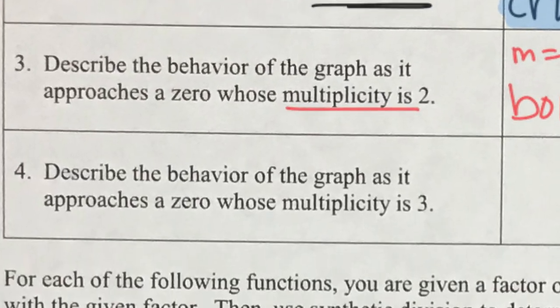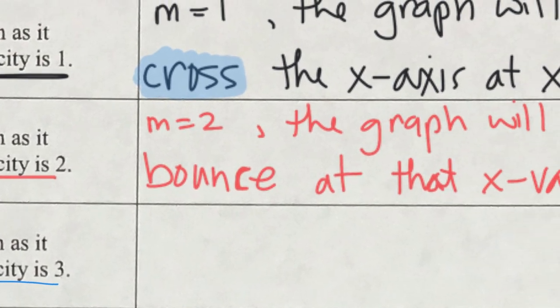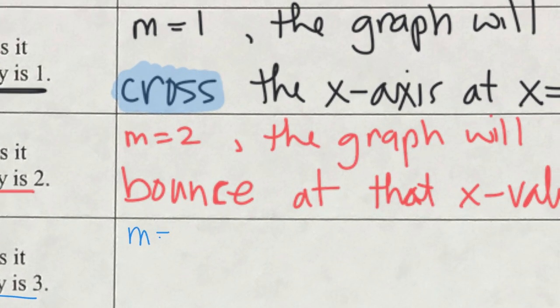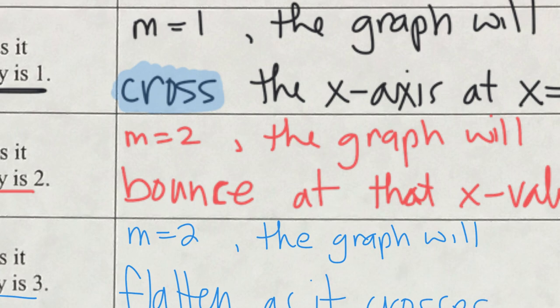And then our third type is what happens if we have a multiplicity of 3. If we have a multiplicity of 3, the graph will flatten at that x value, but it crosses. The graph will flatten as it crosses the x-axis.